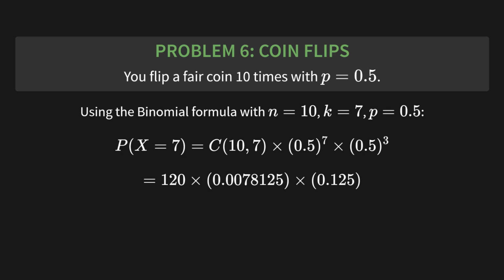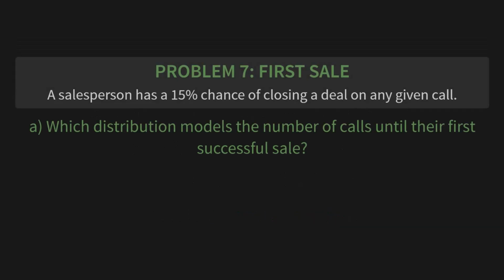Now, 10 choose 7 is 120. We multiply that by 0.0078125 and then by 0.125. And the result is 0.1172, or 11.72%. Not bad at all.